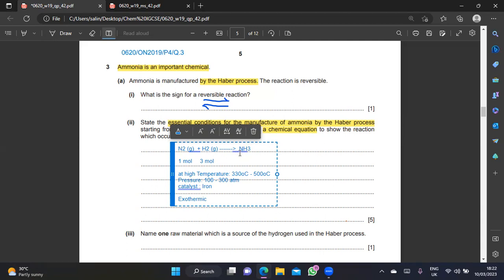So I have no choice but to put number 2 here. Then I have 2 nitrogen. Automatically you have to multiply your hydrogen by 2, so 3 hydrogen multiplied by 2 will be 6. So I have no choice but to put 3 there. In other words, 1 mole of nitrogen reacts with 3 mole of hydrogen, producing 2 mole of ammonia. And this is also gas.